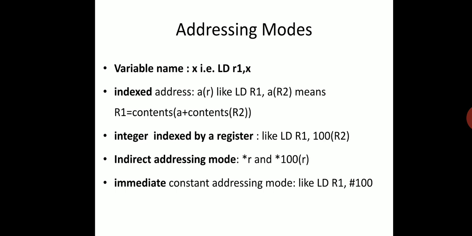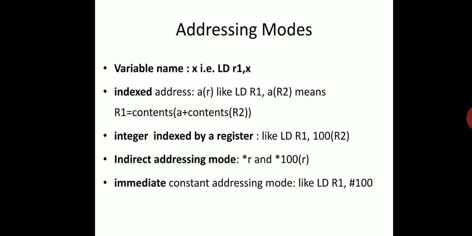Index addressing mode, for example LD R1 comma A(R2), means the content of A plus the content of register R2 is loaded into R1. That is the first, indexed addressing mode.